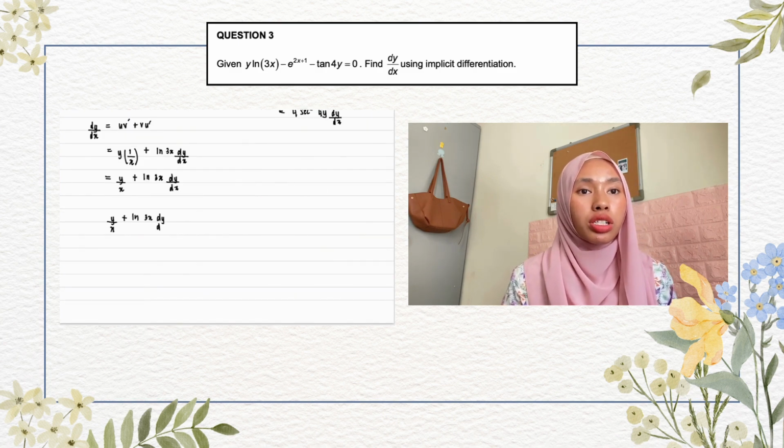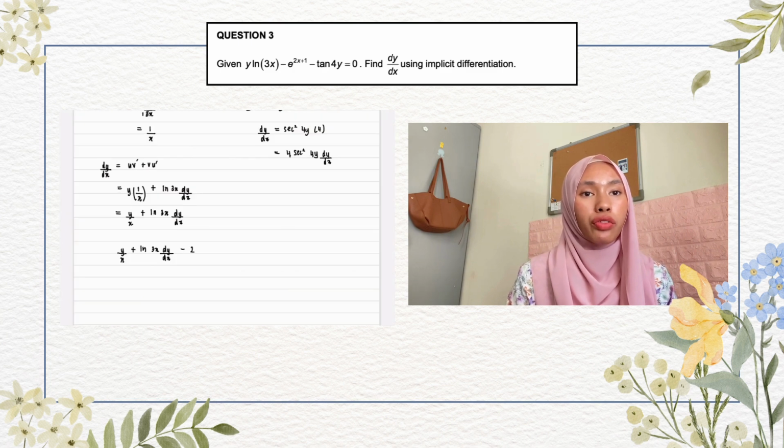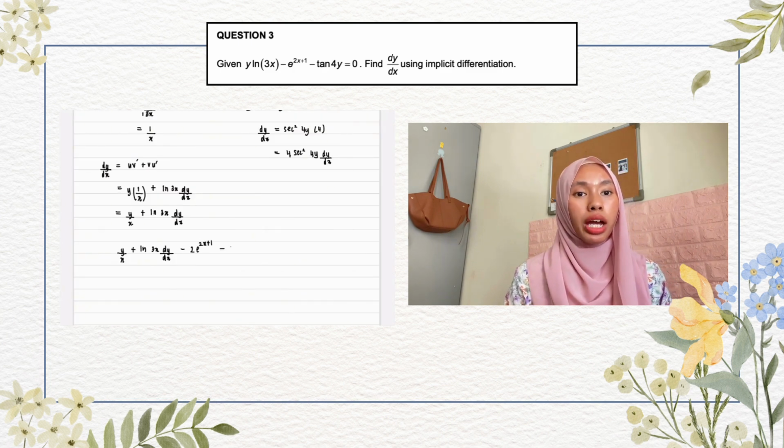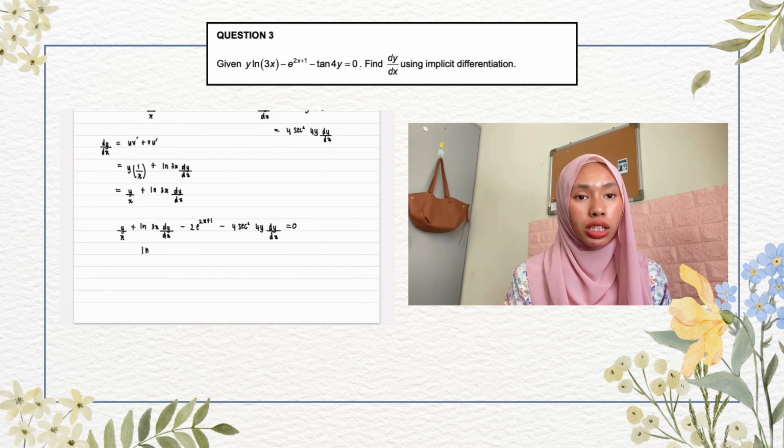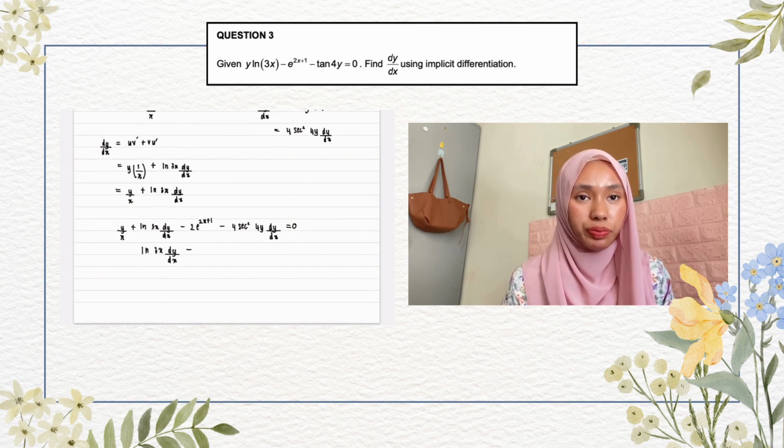And if we differentiate it, we will get 4 sec power of 2 for y dy/dx. So after we have differentiated the parts, we combine it into one equation according to the equation given by the question.